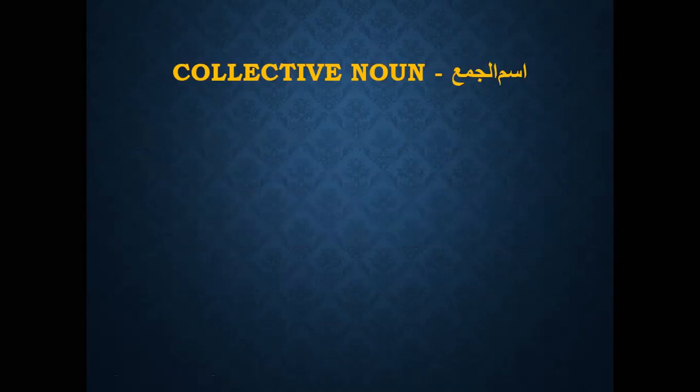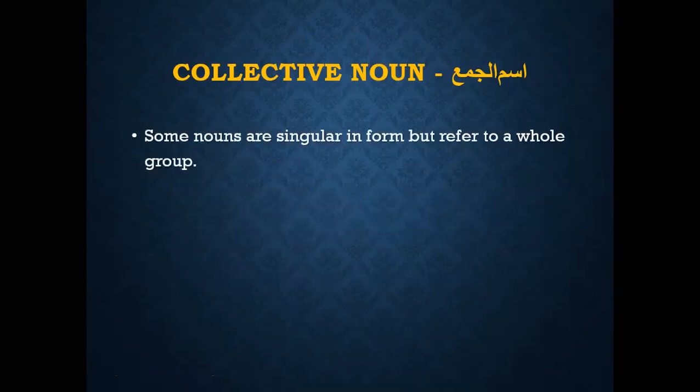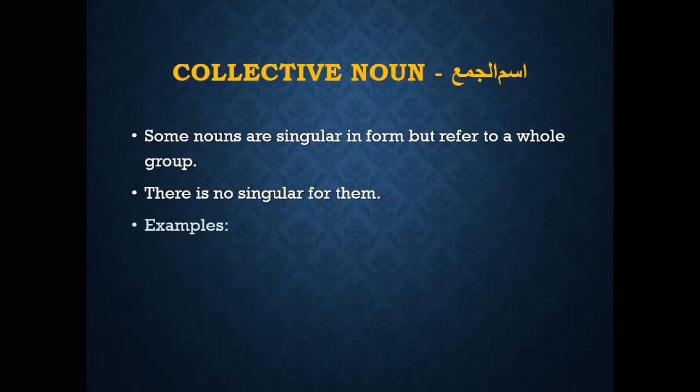A couple more points. There are certain words which are collective nouns. A collective noun is a noun which is singular on its own, yet has many individuals within it, a collection or group of people or things. For example, qawm means people.